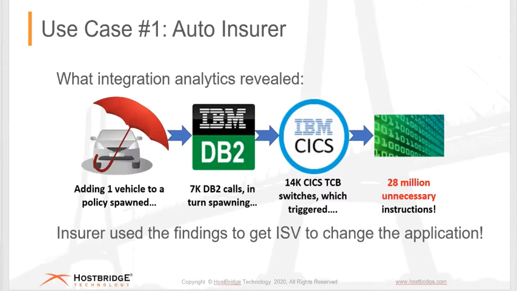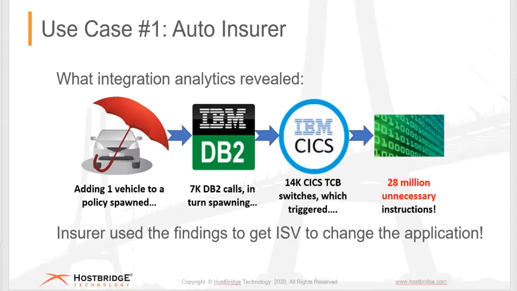For example, we were able to connect all the dots and understand that adding one vehicle to a policy spawned a myriad of activities that ultimately ended up in about 14,000 CICS TCB switches, which triggered about 28 million unnecessary instructions.